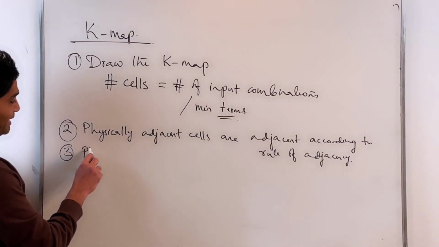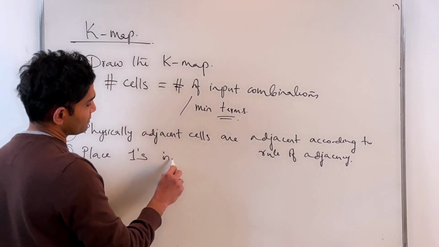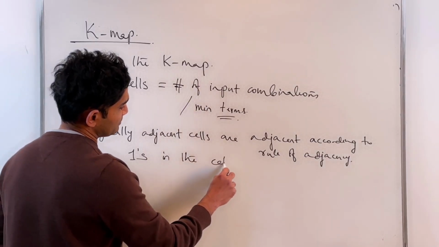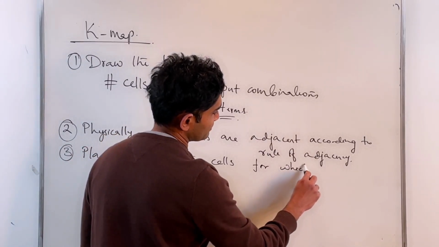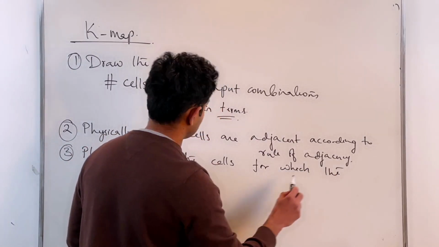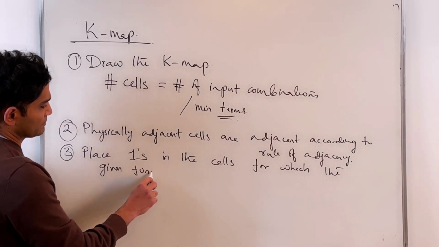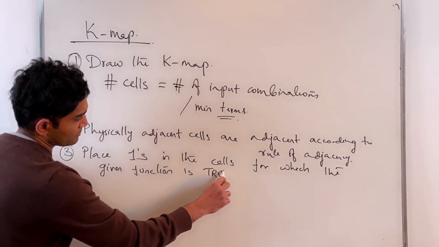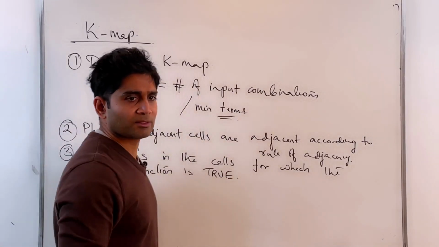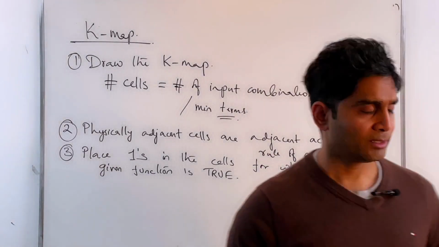Okay, then you place ones in the cells for which the given function is true. That means the cells that do not contain anything are assumed to contain zeros, right?